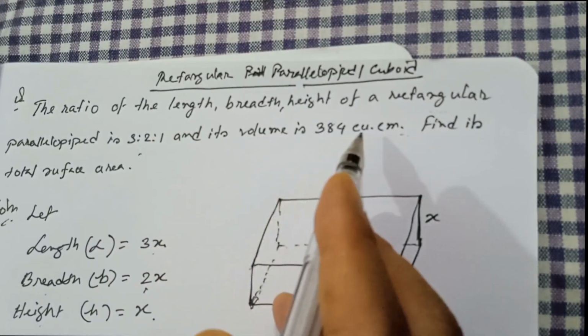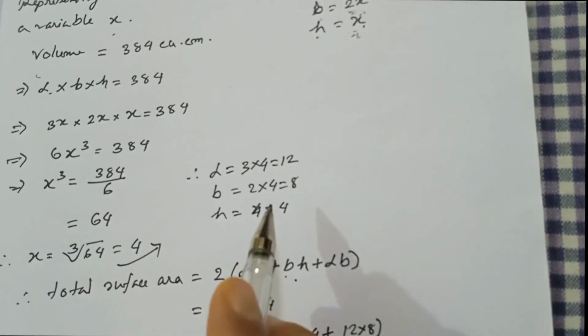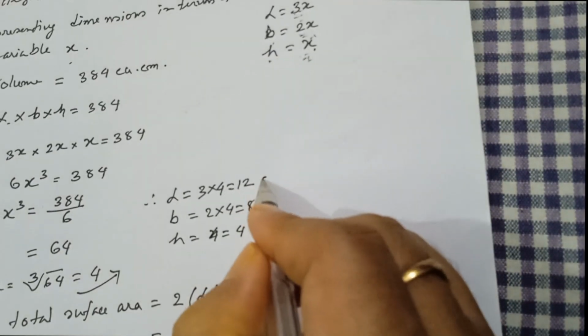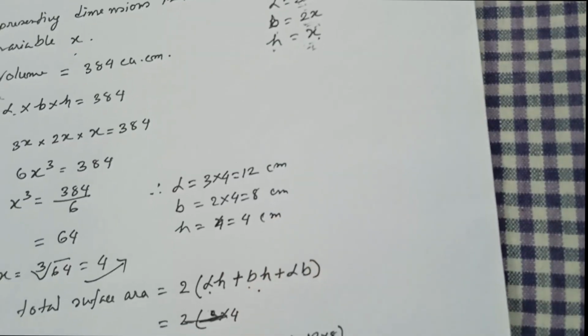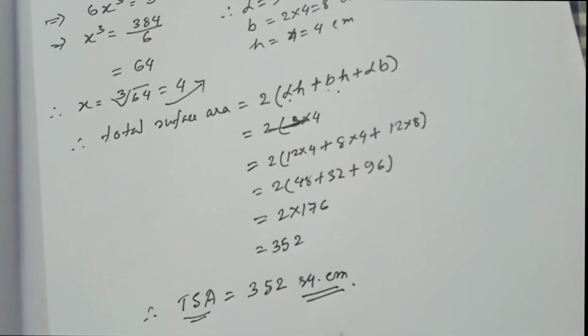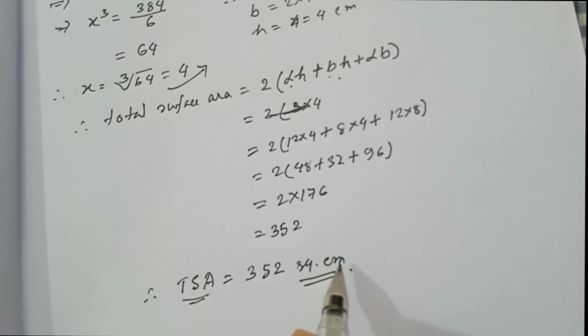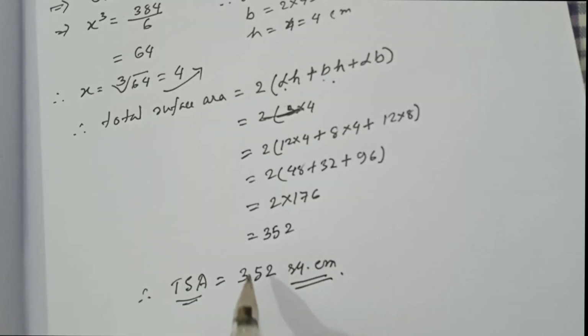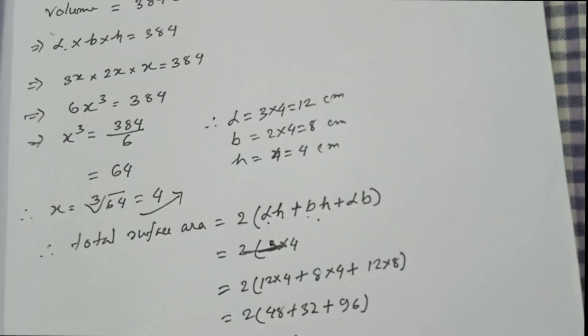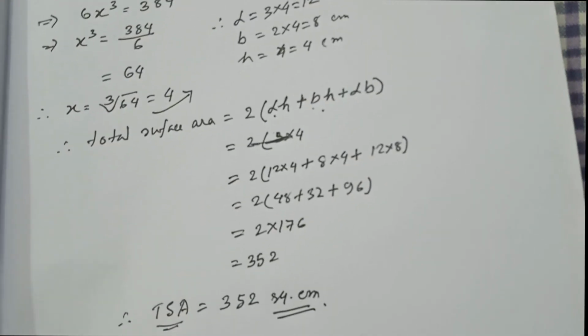The volume is given in cubic centimeter, so the units will be in centimeter. This will be 12 cm, this will be 8 cm, and this will be 4 cm. So the surface area will be in square centimeter. If you don't give the unit, your answer may not be accepted. Okay, so that is your answer.